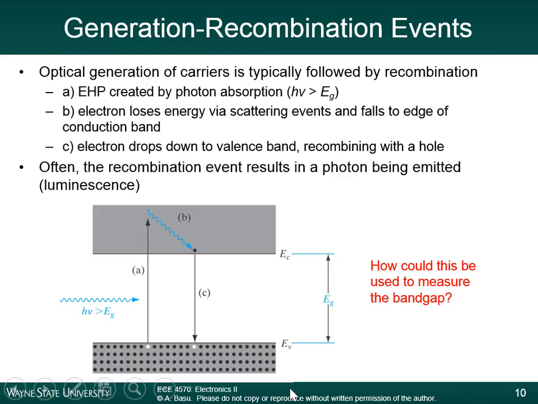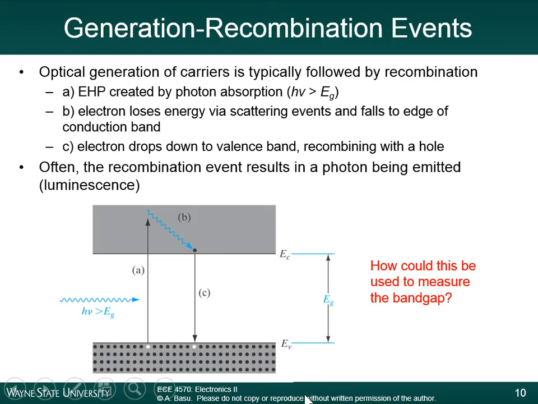So when the electron goes from the conduction band, it jumps all the way down to the valence band. That is the recombination event. The electron in the conduction band disappears, and so does the hole, because this electron is going to occupy this empty state. Now, this is a large energy transition, much larger than these tiny energy transitions that the electron was going through as it went to the edge of the conduction band.